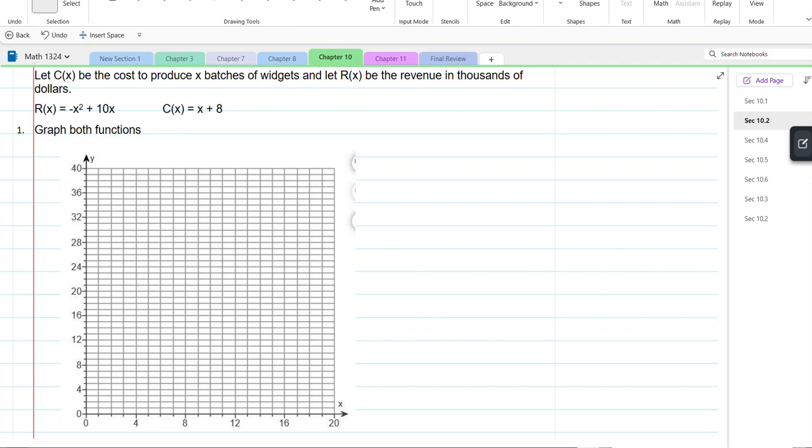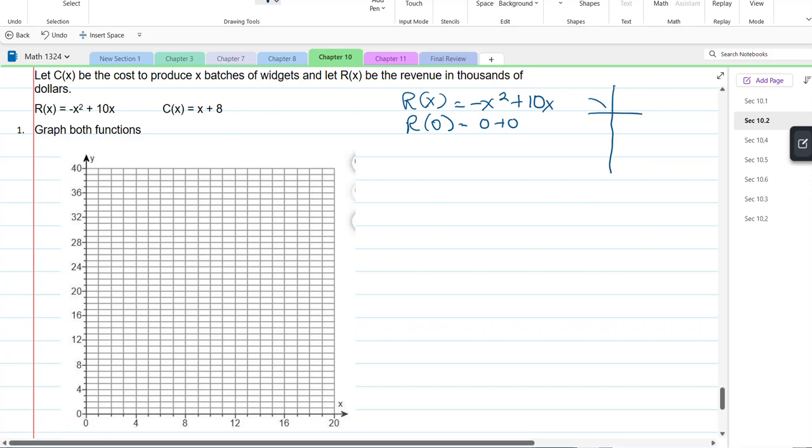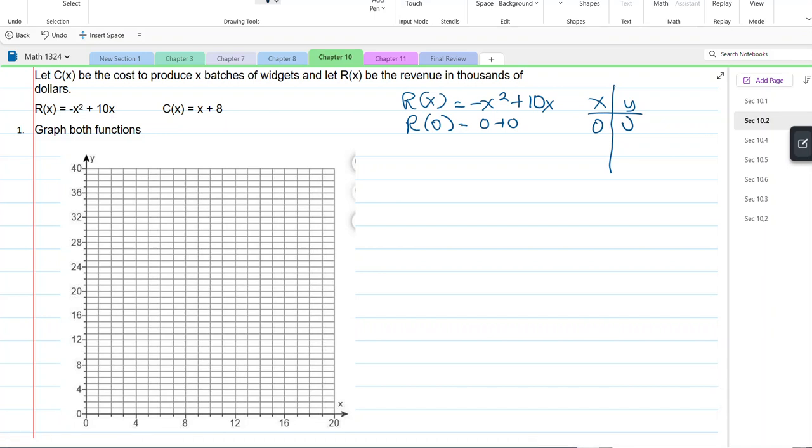All right. So in this case, let's do our r of x in blue. Okay. So if I have r of 0, I have 0 and 0. So that's our start. All right.